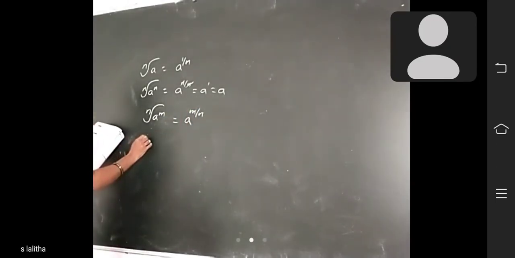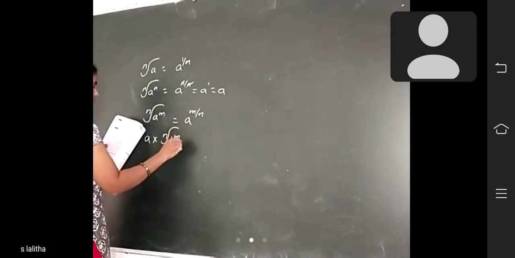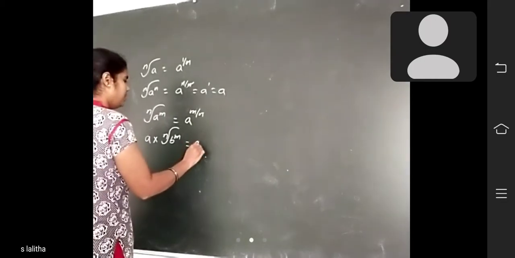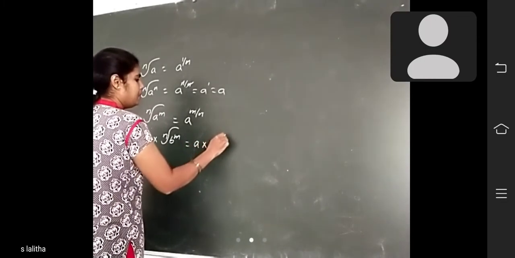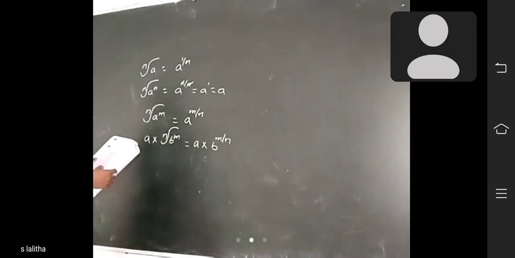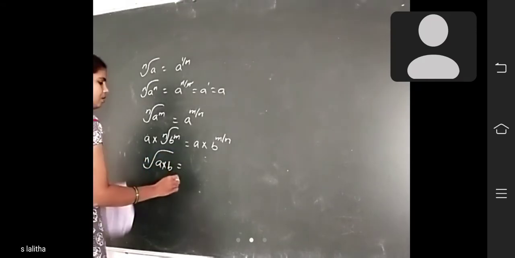Next, a into nth root of b power m. So how can you write this one? A into b power m by n. Next one, nth root of a into b. How can you write?